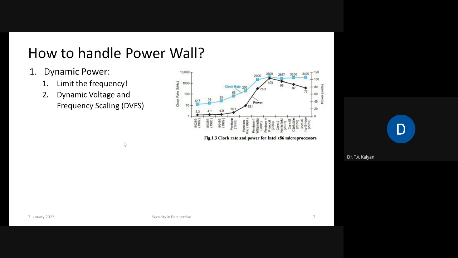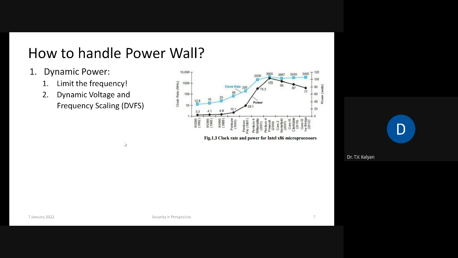A quick point on this is, when the processor is not being used heavily, the DVFS module will reduce both the voltage and frequency of operation, so that the static power will also reduce.